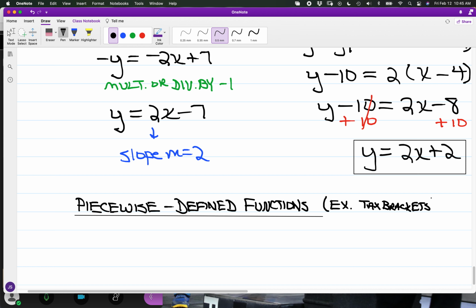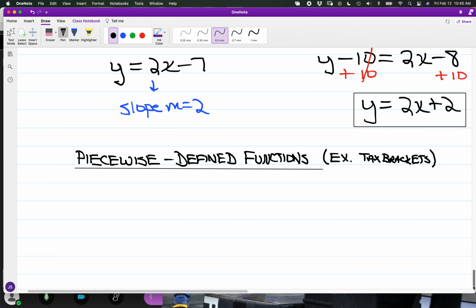If somebody's income is greater than a certain lower limit, up to and including the upper limit, then they belong to the 10% bracket, and then the next phase goes into the 12% bracket, and so on and so forth. So you have the separation by tax bracket. That could be a case of a piecewise defined function.